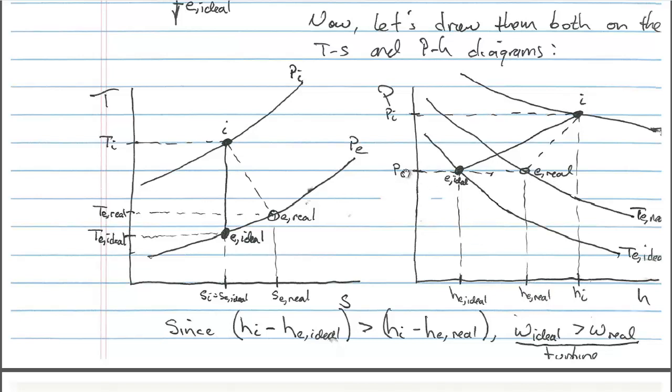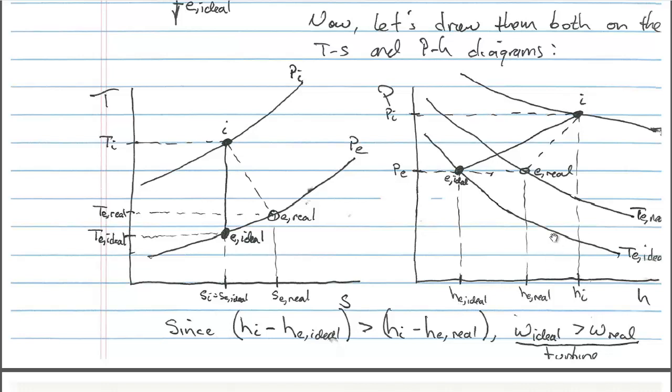Likewise, again, because that exit pressure is a fixed boundary condition, it's the same for real and ideal devices, where the line of constant pressure for the exit pressure intersects the line of constant temperature for the ideal exit temperature, that gives us our ideal exit state. And if I drop that down to the h-axis, that corresponds to the ideal exit enthalpy.